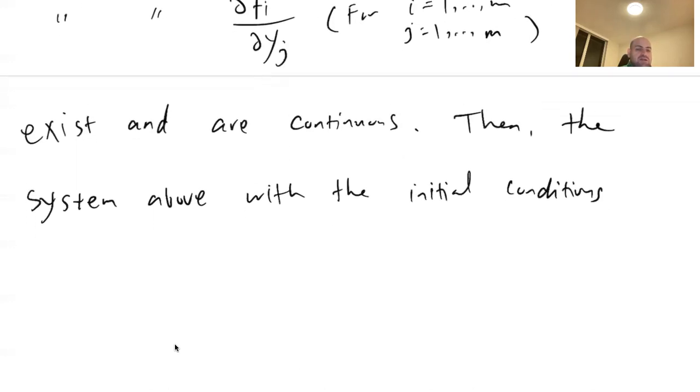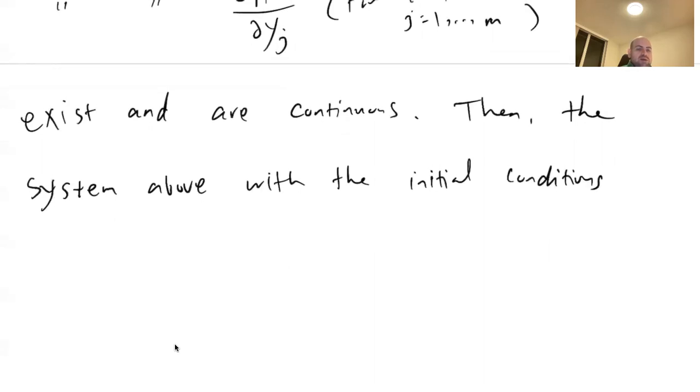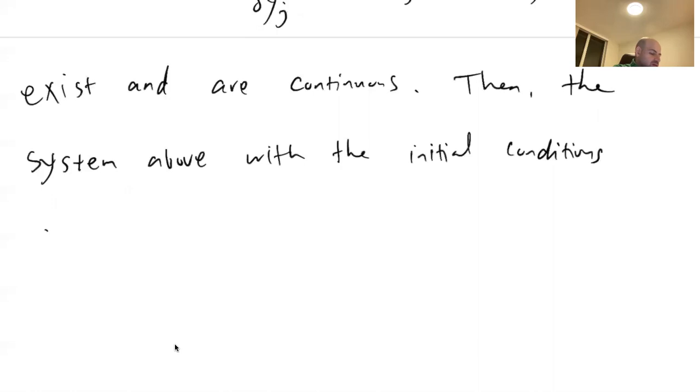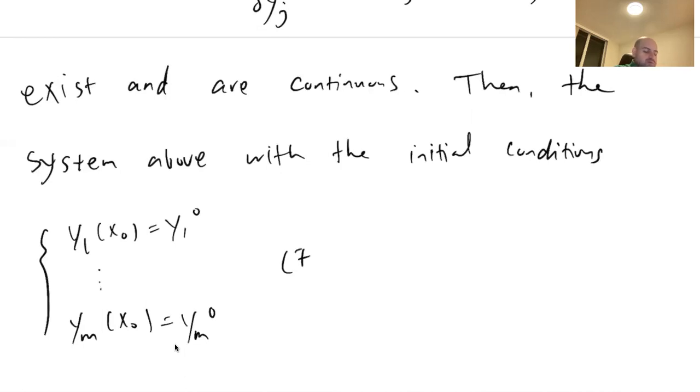So how many initial conditions do we need? We have m equations, each of them first order. So in total, we need m initial conditions. With the initial conditions, let's say y1 of x0 equals y10 all the way to ym of x0 equals ym0 for some constants x0, y10 to ym0.